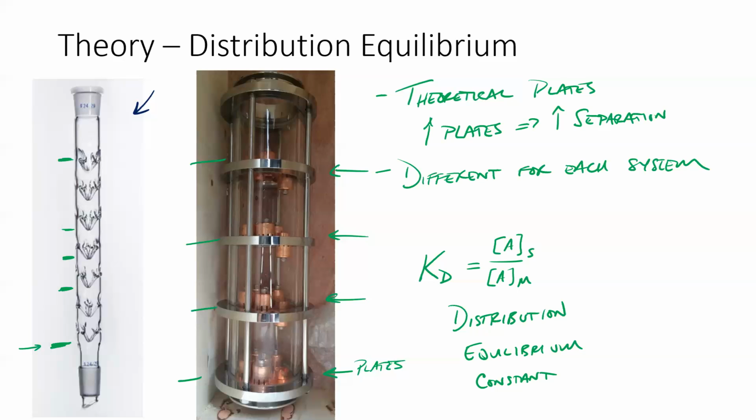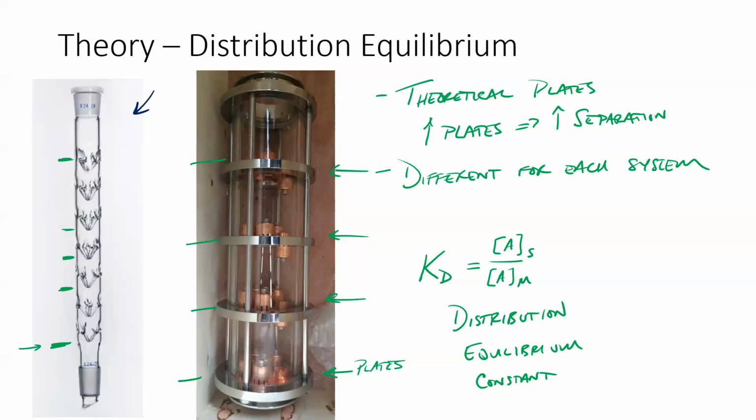Each analyte is going to have a different KD value, and each column is going to give us a different set of KD values. Knowing a certain KD value is somewhat useful, but because it's going to be different for every instrument, every column, and even if you have the same analyte in a different solution, it's going to be slightly different.